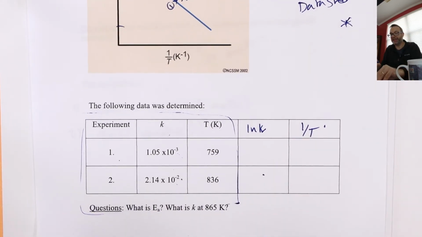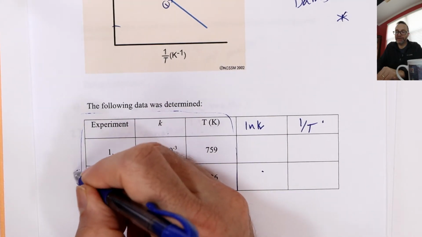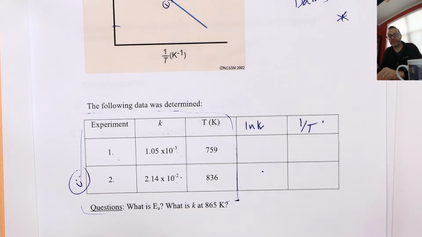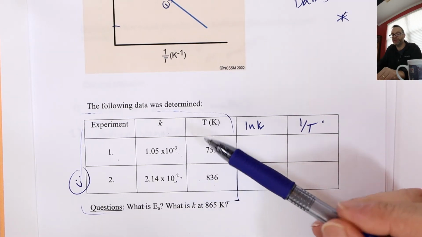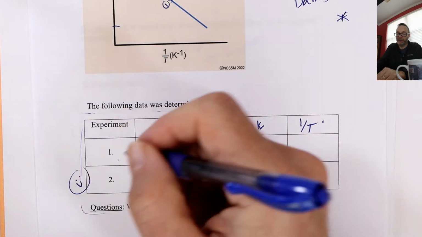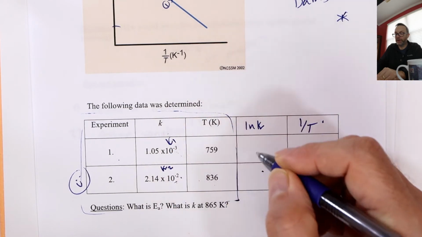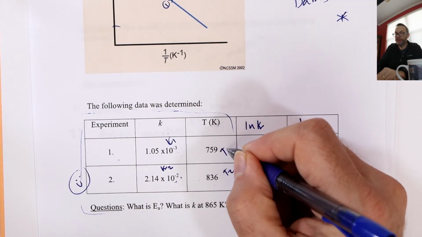So I look at my data set, and that's actually true, isn't it? So we're happy down here because this data set's been labeled correctly. If they'd switched the numbers, we'd say to ourselves, we've got to assign the bigger number as number 2. But luckily the experiment, bigger K, higher temperature, that's what we want. So these numbers are good. We can call that K2, K1, T2, T1.